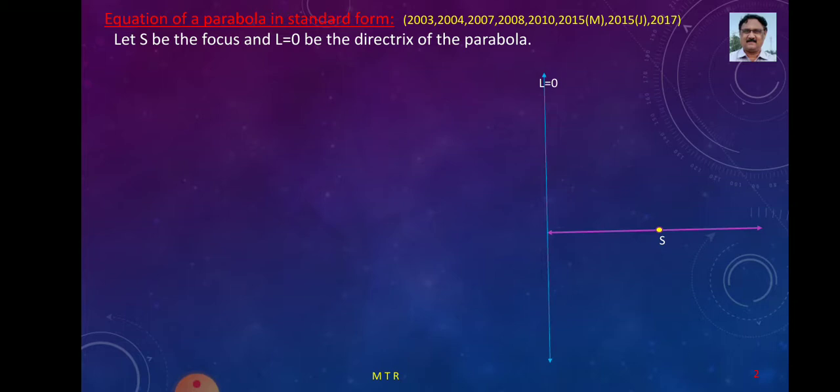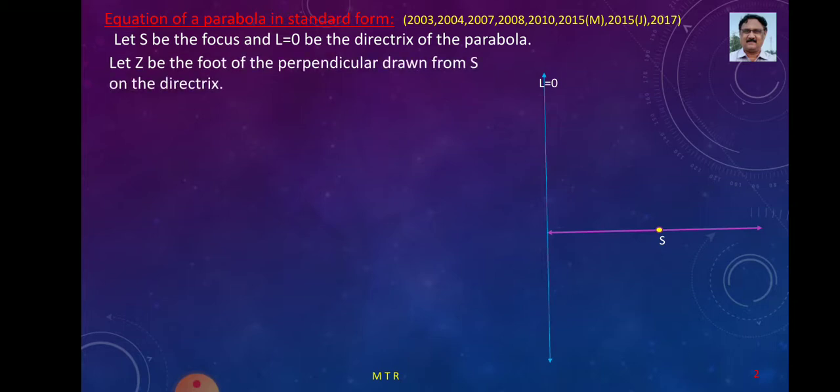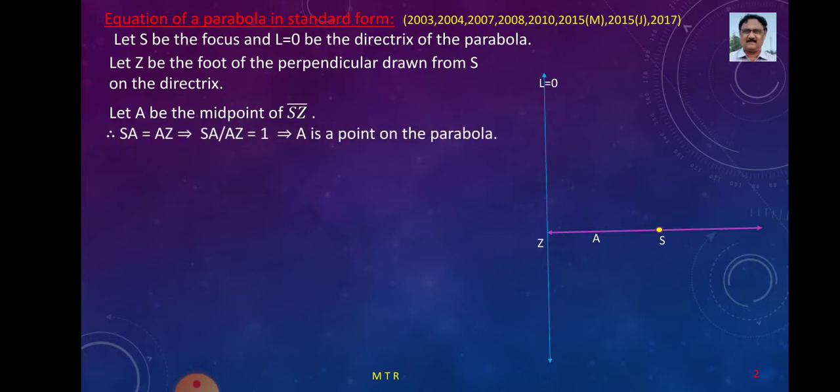Let Z be the foot of the perpendicular drawn from S on the directrix. Let A be the midpoint of SZ. Since A is the midpoint, the lengths of SA and AZ are equal, so SA = AZ.